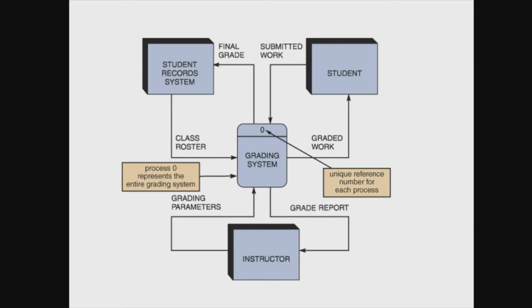For this example, we have the student record system, student, and the instructor. Your external entity may be a person or system that will interact with your system.